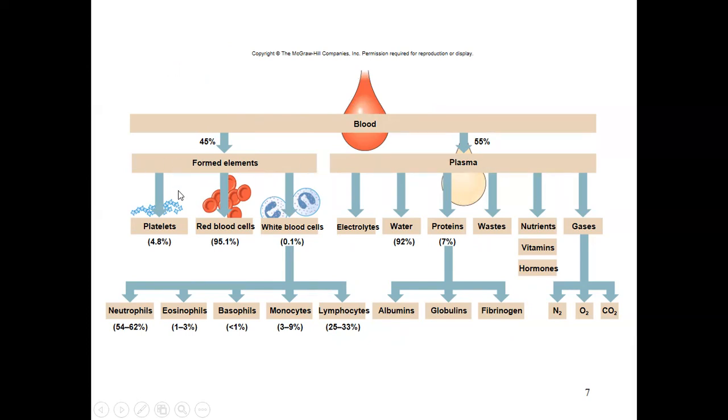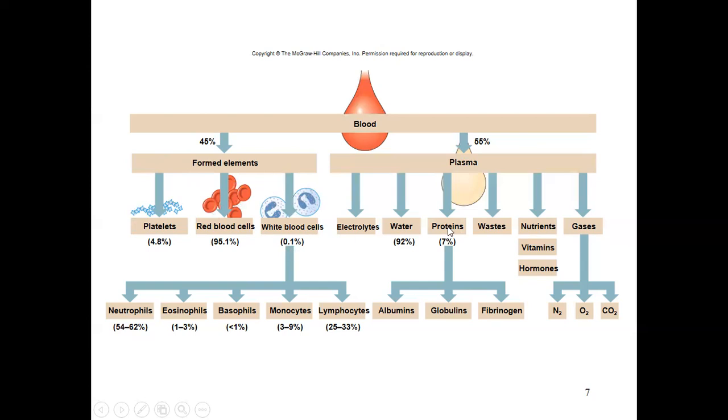So in the formed elements, you have the platelets, which are 4.8%, so less than 5% of your total blood volume. You have red blood cells, which are 95% of your formed elements. And then you have white blood cells, which are 0.1%, less than 1% of your total formed blood volume.